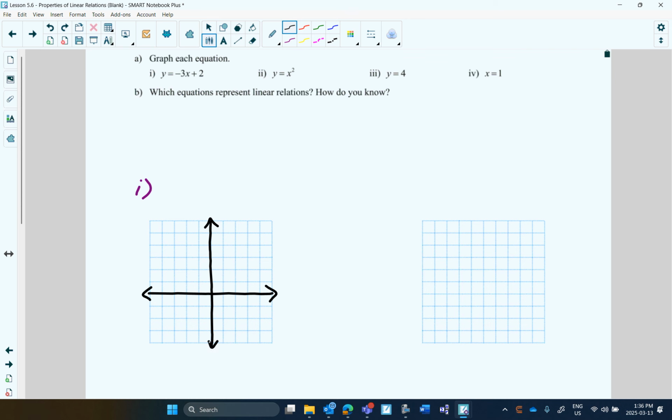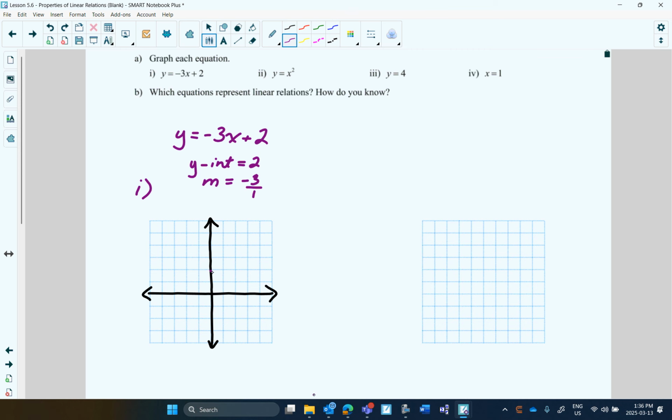Somebody should be able to tell me how to graph this one pretty quickly. How would you graph it? Y-intercept is 2. Slope is -3, but as rise over run, it's -3 over 1.